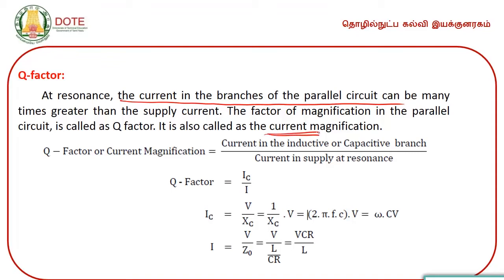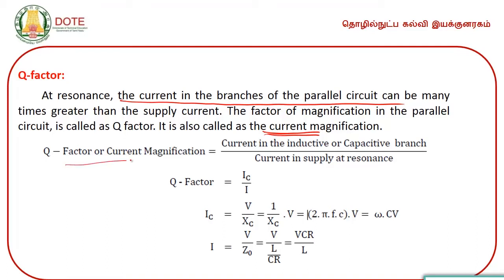Unlike the series RLC circuit, wherein the quality factor expression is entirely different and the voltage magnification occurs, here the magnification is happening in a different parameter, which is current magnification.